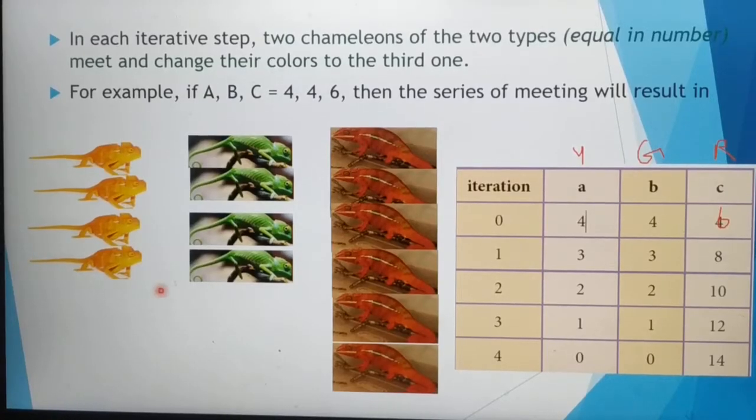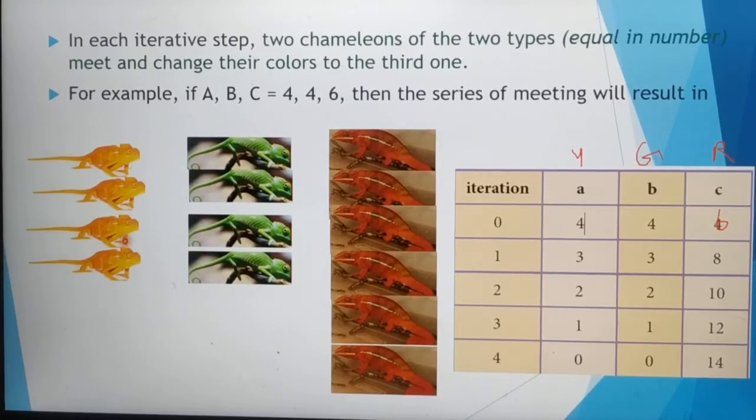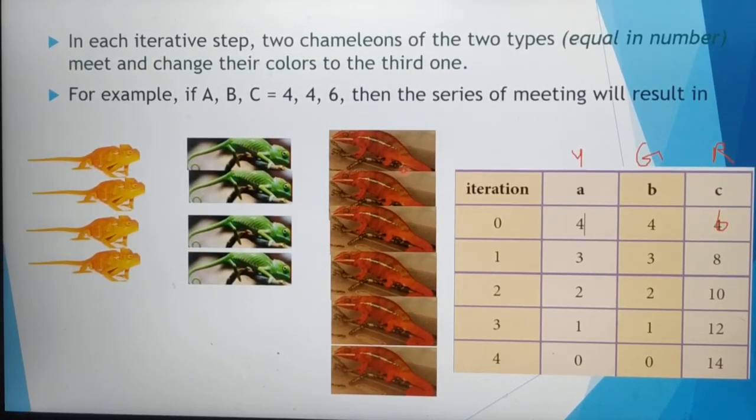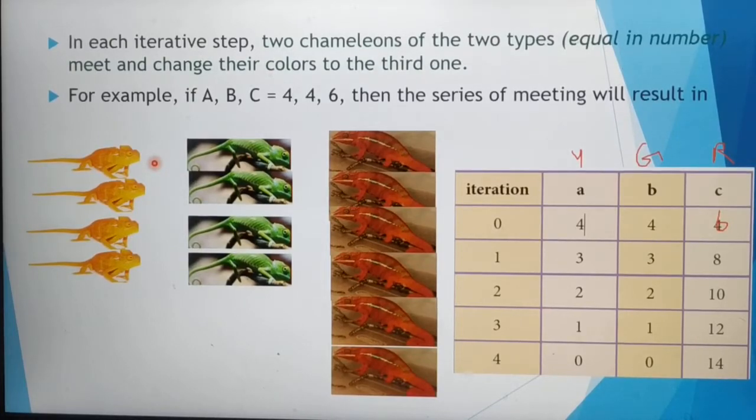We can see how to convert all the types of chameleons into the same type. In the initial stage, we have 4 yellow chameleons, 4 green chameleons and 6 red chameleons. In each iteration, two chameleons of two different types meet and change their colors into the third one. In the first iteration, one chameleon from yellow and one from green meet and change their colors into C's type.